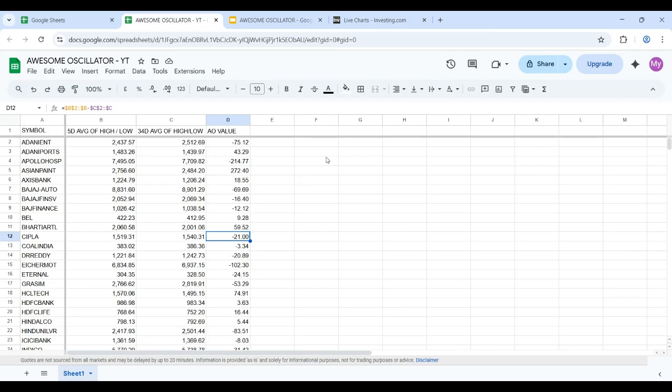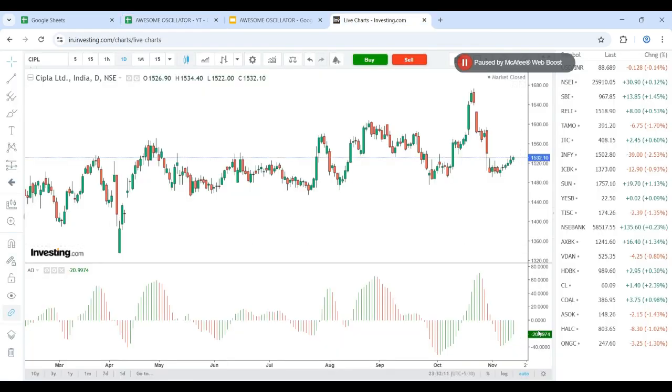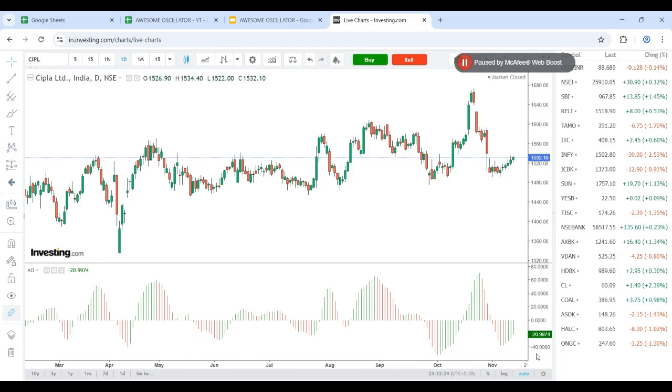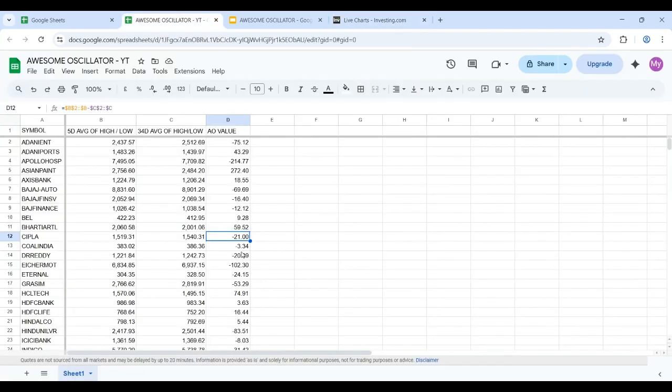Minus 21, minus 20.9974. It is almost 21. Here I have taken two decimals. Here there are four decimals. So minus 20.9974 is almost close to 21.